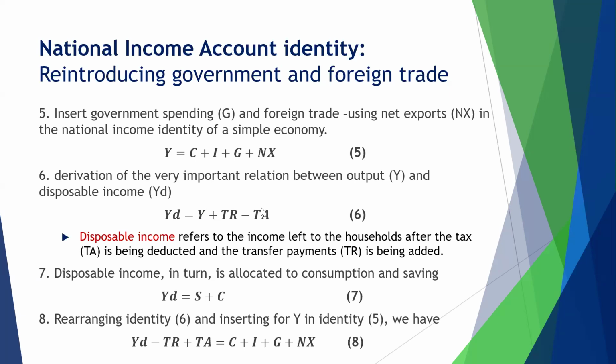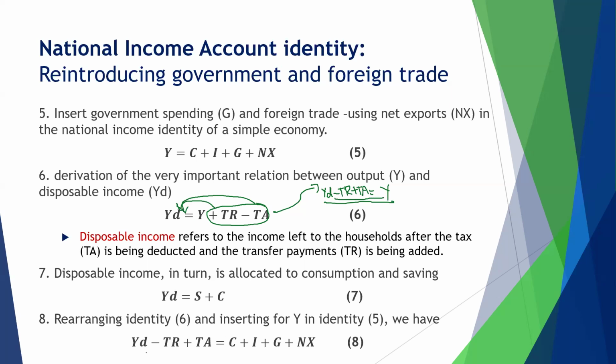Why is that? Because if we are going to isolate Y in equation 6, you just simply transfer the terms to the other side, right? So this will become YD. Of course, the positive TR, if you transfer it to the other side, will become negative TR. While the negative TA, if you transfer it to the other side, of course, will become positive TA.